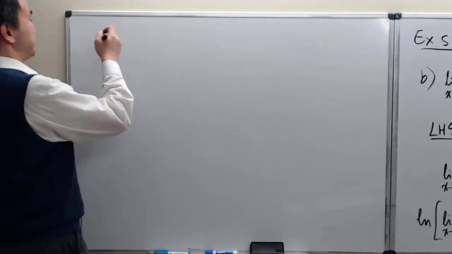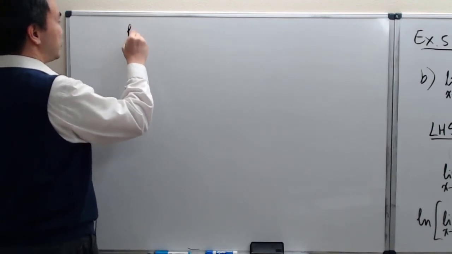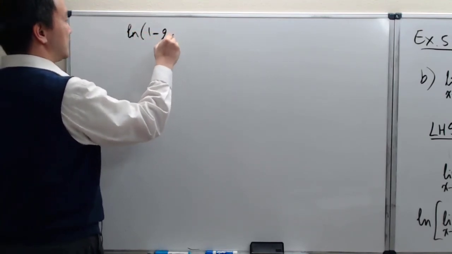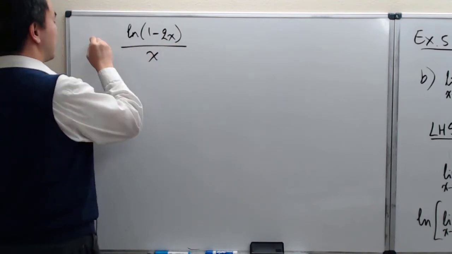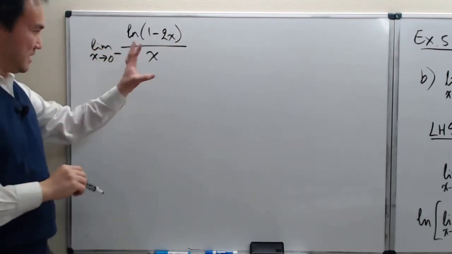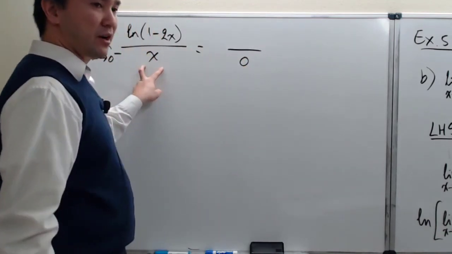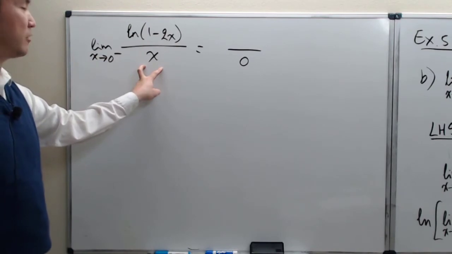Okay, so now if we just pay attention to that natural log of 1 minus 2x over x, and taking the limit as x goes to 0 from the left-hand side. So the denominator here is clearly going to 0, as basic limit laws imply.